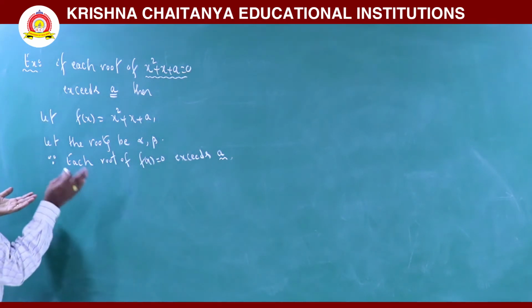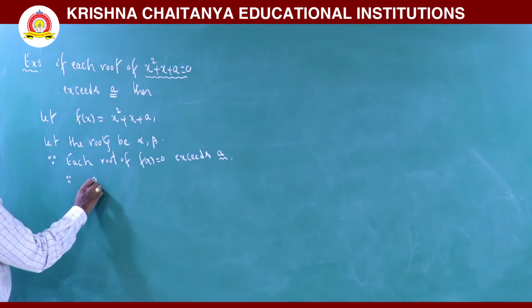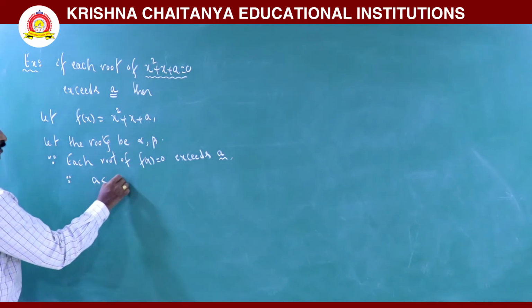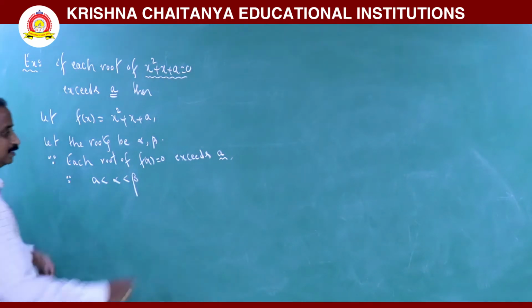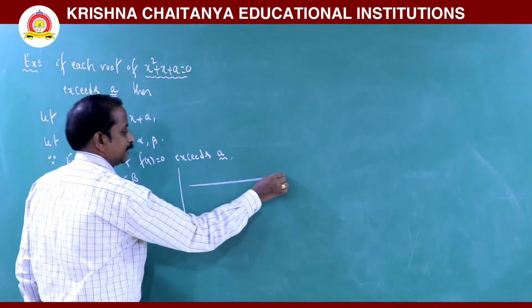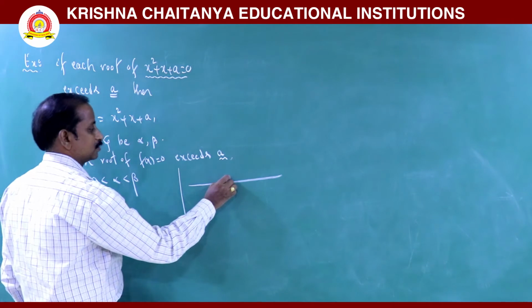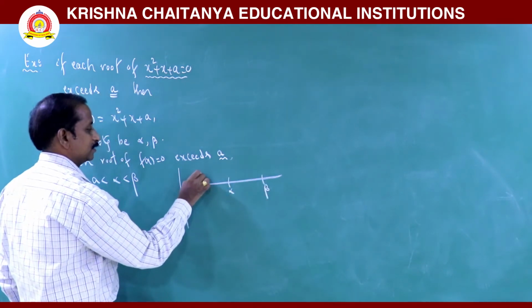So indirectly the given condition is nothing but a less than alpha less than beta. So indirectly this is the concept of each root exceeds k. So this is alpha, this is beta, this is nothing but k.